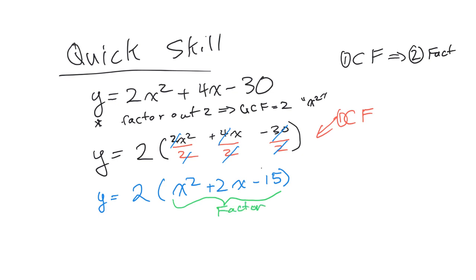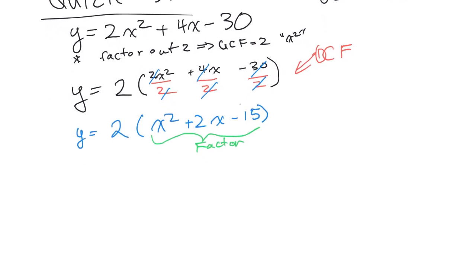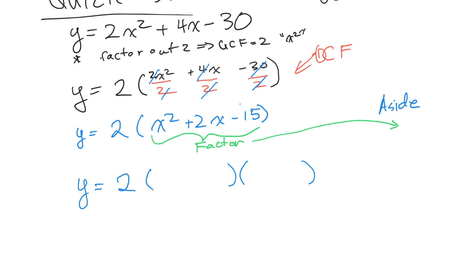So in order to solve this problem, mathematically speaking, what we do is we take a moment and we literally just write y is equal to 2 with 2 separate brackets here. And then we write an aside here. And our aside is going to go and take a look at x squared plus 2x minus 15.